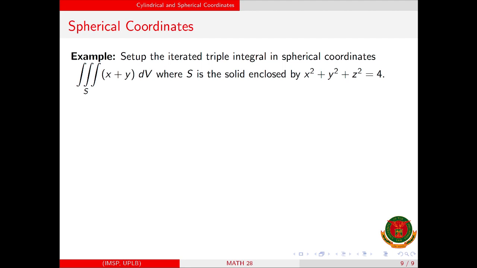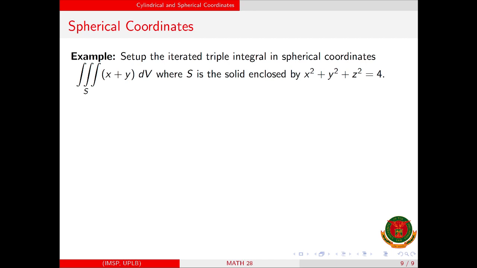Let us have another example. Set up the iterated triple integral in spherical coordinates, where S is the solid enclosed by x squared plus y squared plus z squared equals 4.